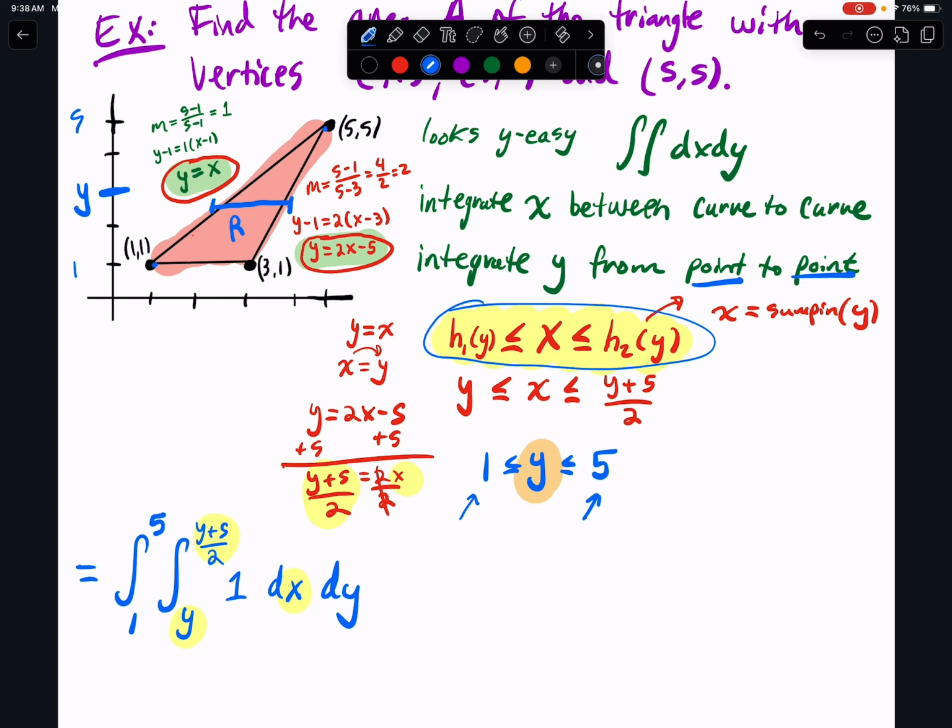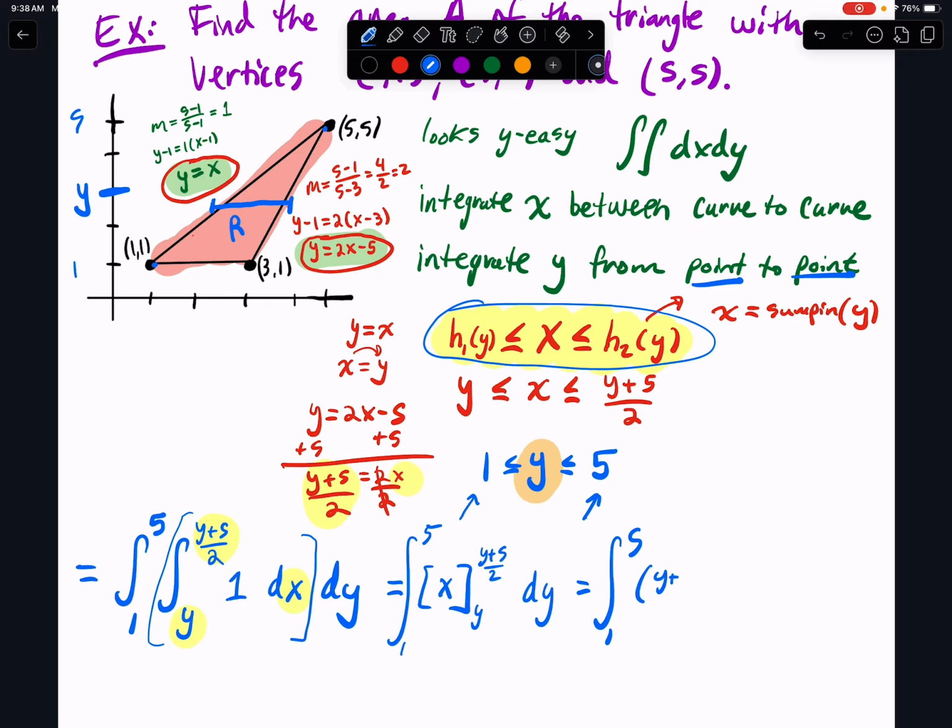So for the integral, I work from the inside out. The integral of 1 with respect to x is x from y to y plus 5 over 2. And whenever I do f of b minus f of a, I get y plus 5 over 2 minus y dy.